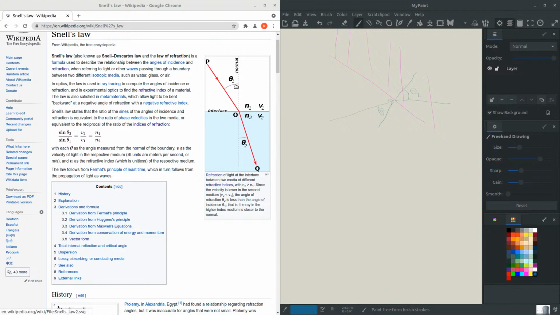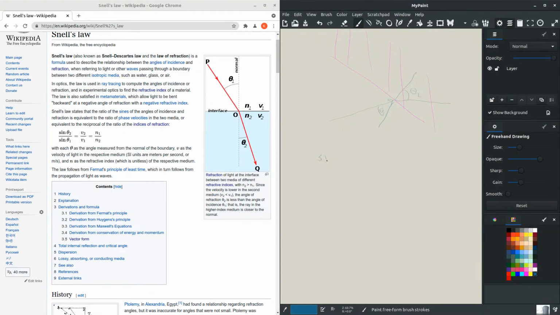So the sine of theta 2 over the sine of theta 1 equals the ratio of our normals, or our IORs, our index of refraction for each side.